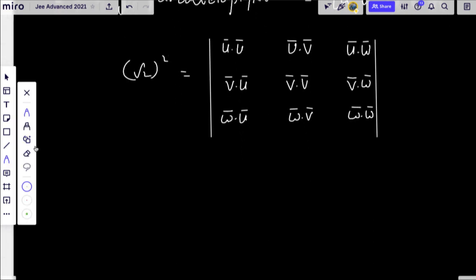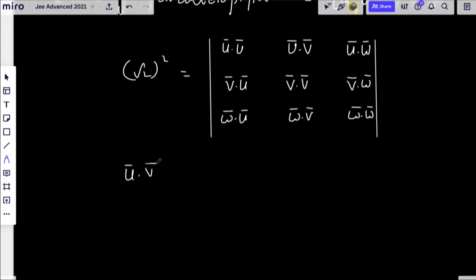As you know, u dot v is not equal to 0, it is given in the question. So let u dot v be lambda, which is not equal to 0. Root 2 whole square is 2.